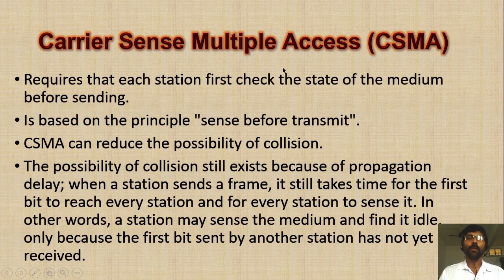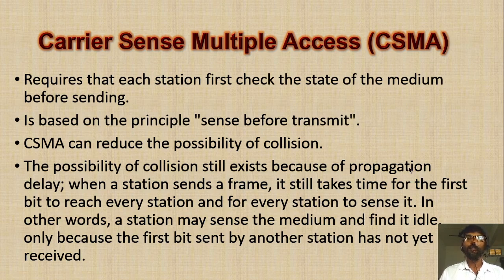If any station wants to send data, first it will check the medium, whether it is in busy state or idle state. If the medium is idle, then it will transmit the data over that medium. This will reduce the possibility of collision to some extent.